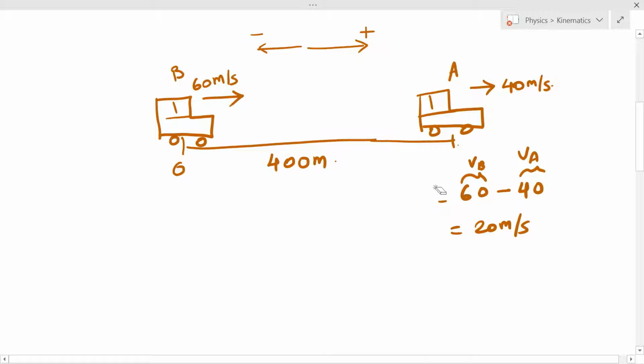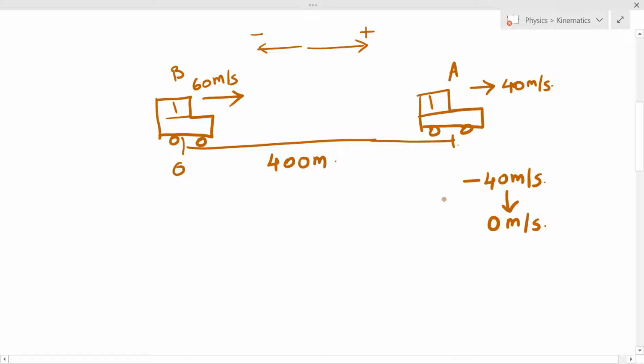Now we can solve this problem like this. Take this car A at rest. So how will I take this car at rest? I will just add minus 40 meter per second, or subtract the 40 meter per second velocity. Let me write the subtraction here. I have subtracted 40 meter per second velocity from it, so it becomes 0 meter per second velocity.